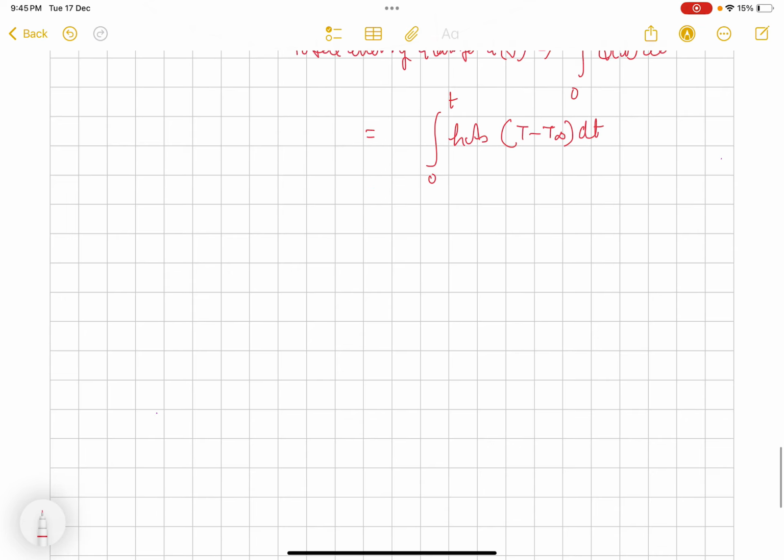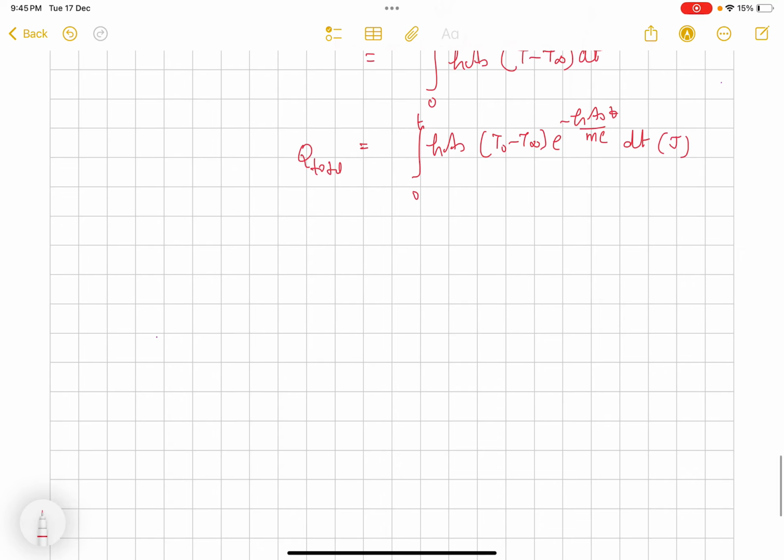We know that T − T∞ is nothing but (T0 − T∞) times e^(−hAs t/mc). So its unit is joule.